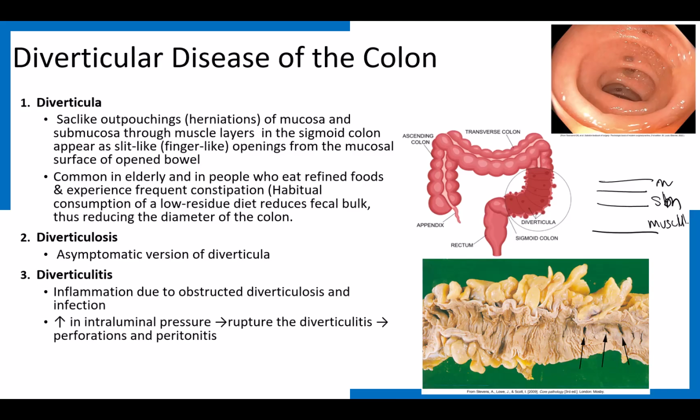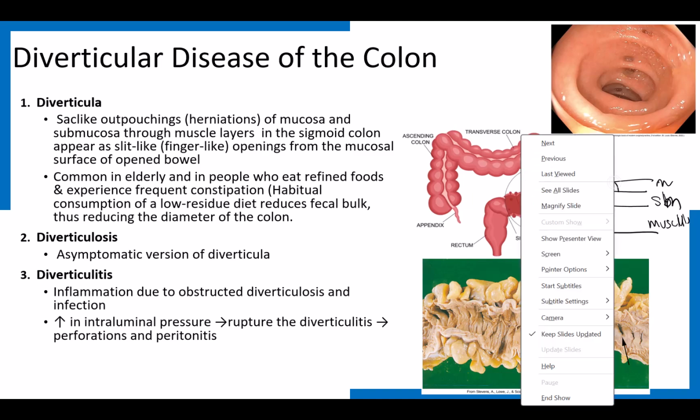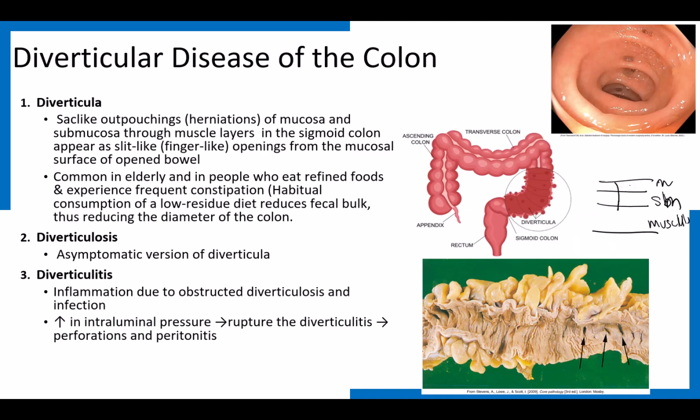And what happens in diverticula is that it gets inverted, right? So parts of the mucosa and the submucosa pouch out through the muscle layers in the sigmoid colon.